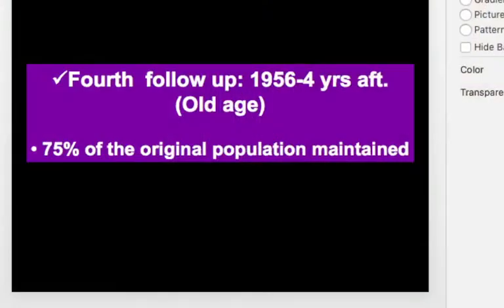Biglang ayaw na nila sumali, or lumipat na sila ng bahay, or kapag ganito kahaba yung study mo, yung iba talaga namamatay, no? So in this study, na-retain naman nila yung 75% of the original population. Basically, this is already good, not bad. 75% of retention is a good number for a longitudinal research.